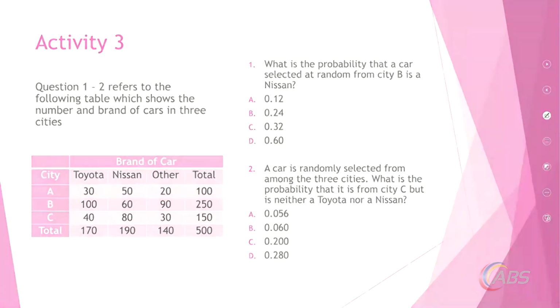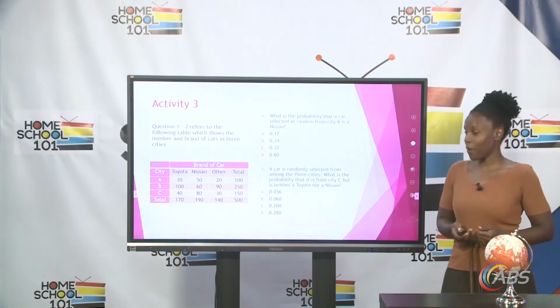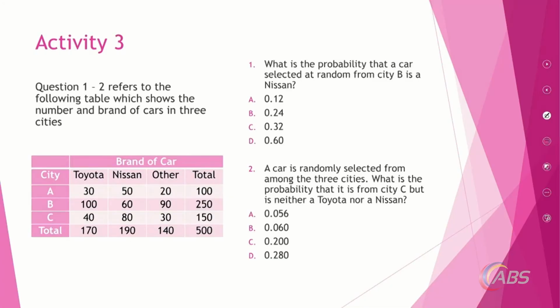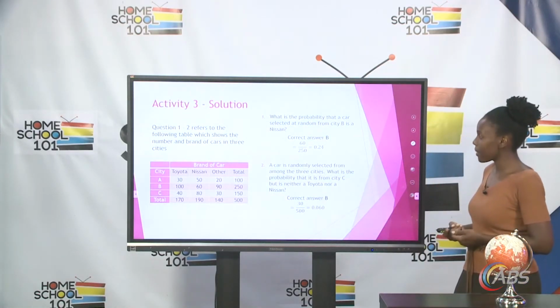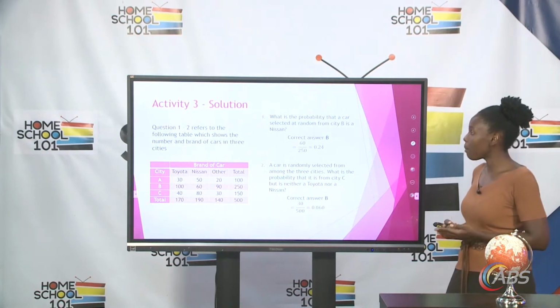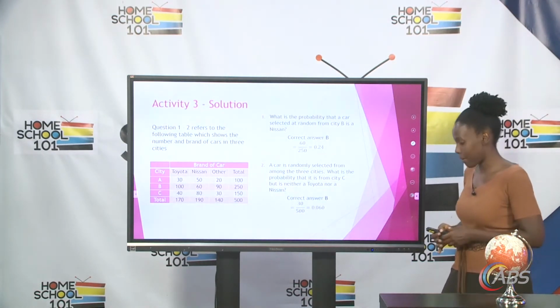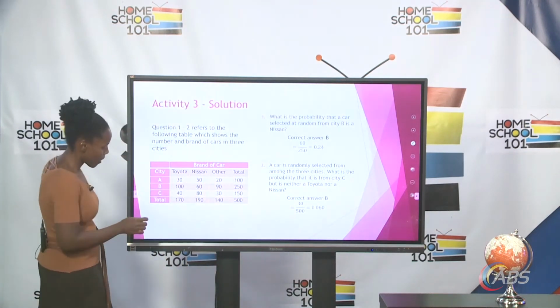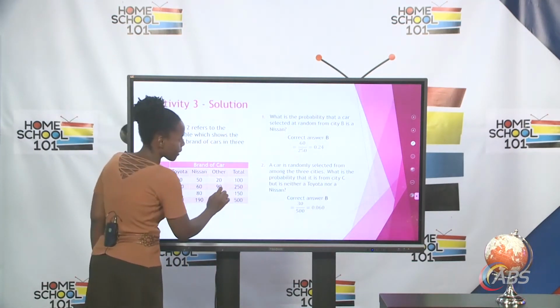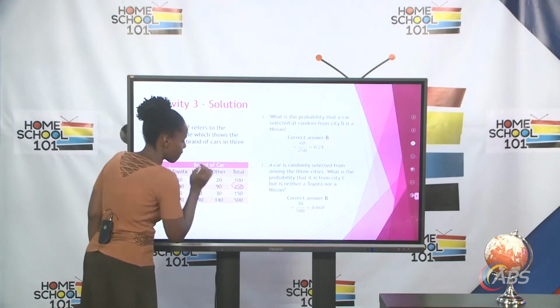Welcome back. Hopefully you were able to complete the questions while we were on a break, so we will go through the solution. For the first question: what is the probability that a car selected at random from city B is a Nissan? Essentially, we're focusing on city B. For city B, there are a total of 250 cars.